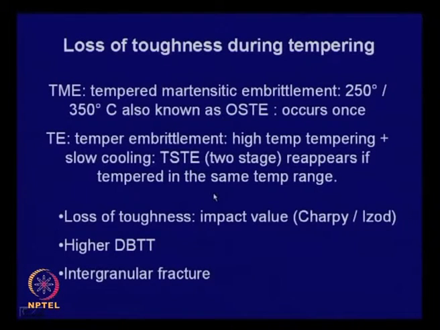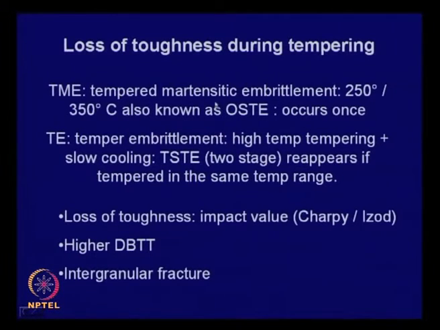Now, during tempering we often come across loss of toughness, which is called embrittlement, and this is also connected very well with alloy addition. There are 2 kinds of temper embrittlement. One is called tempered martensite embrittlement, and this takes place in the temperature range of either 250 or 350, and these processes are also diffusion controlled.